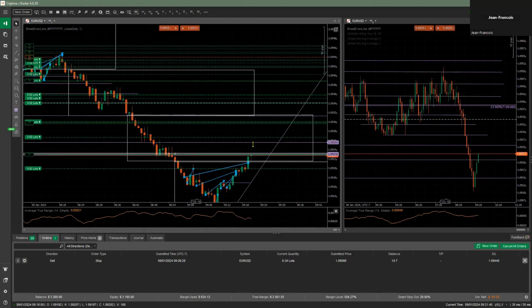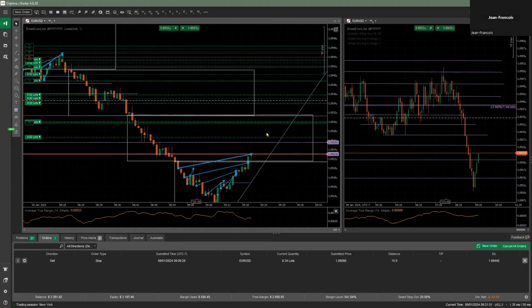If I can see a red candle here, I'll recycle one trade. I am missing 2 trades from box number 3. There we go. All right, so now I want to see a red candlestick so that I can bring down my average. And I'll bring it down by opening another trade or 2.